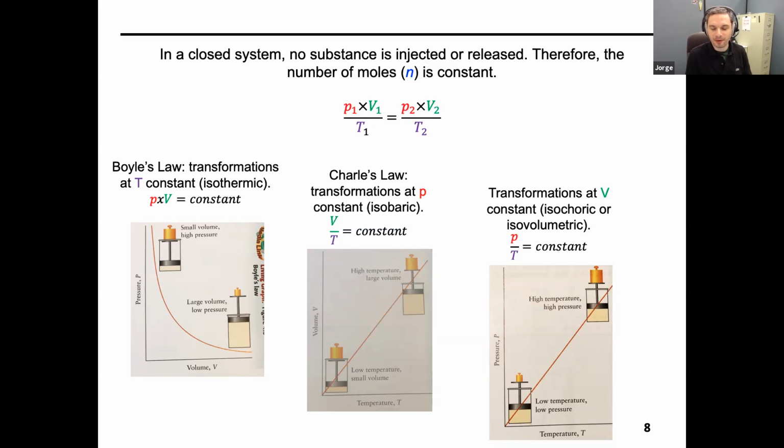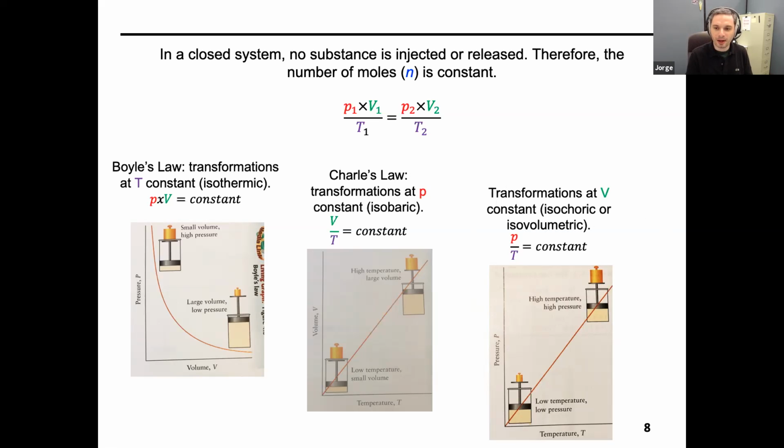And the final special transformation, some books call Gay-Lussac's law, and those are transformations that occur at constant volume. This kind of transformation may be called isovolumetric, or a fancier name, isochoric.